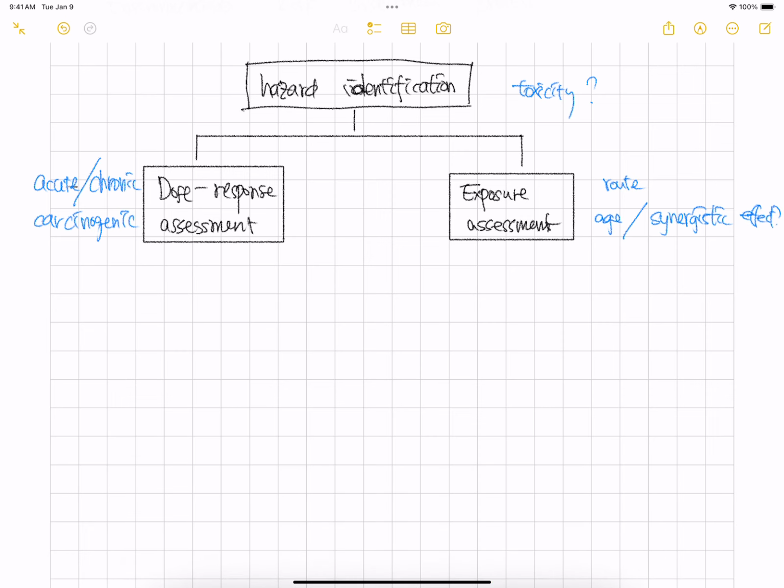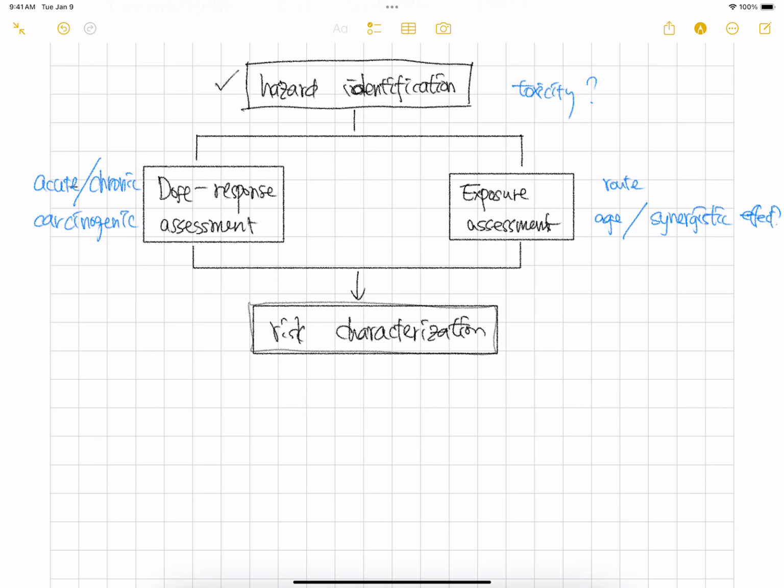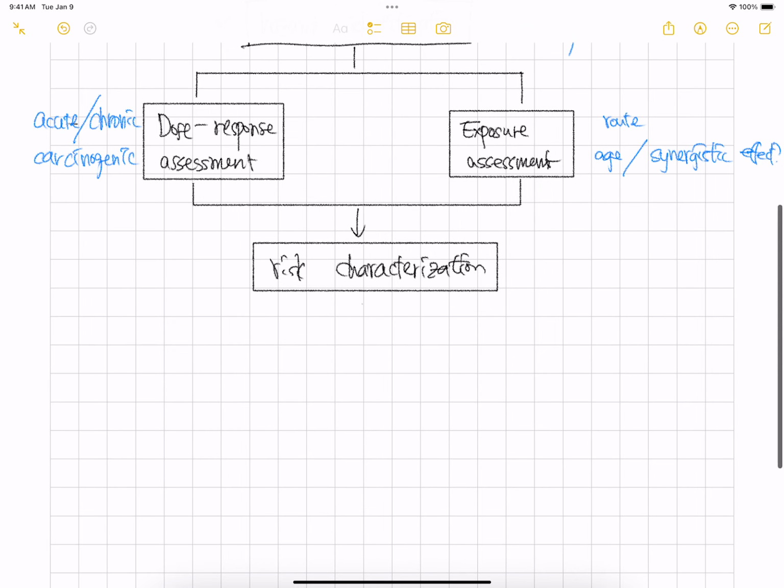And after identifying hazard, we need to do those dose response assessments and exposure assessments. And with this information, we can characterize risk. Right? And then we summarize the data that we got from those dose response assessments and exposure assessments.